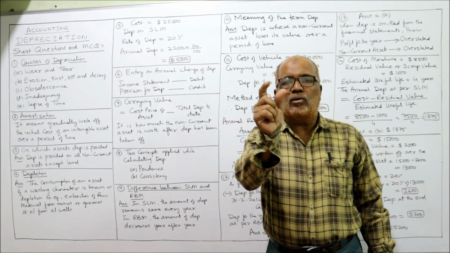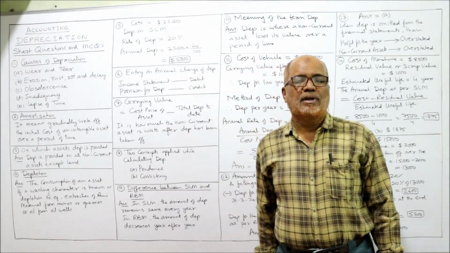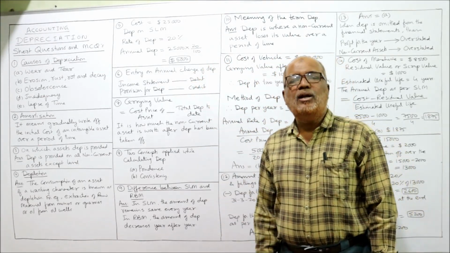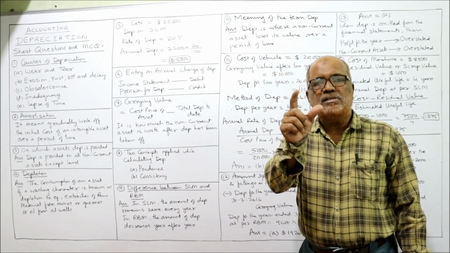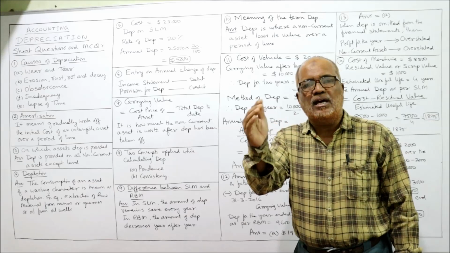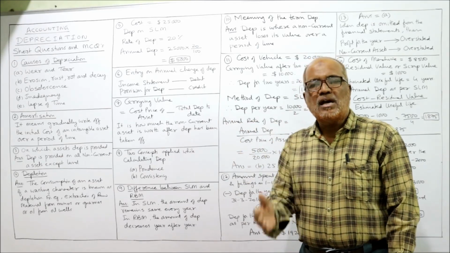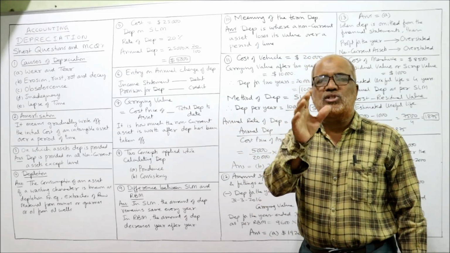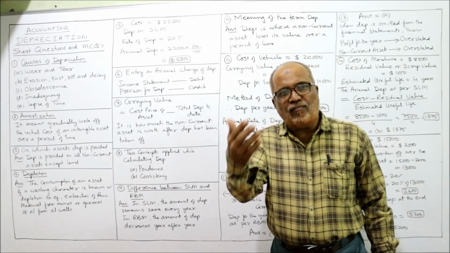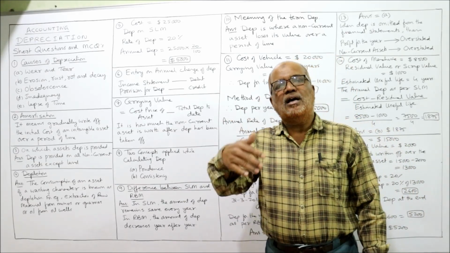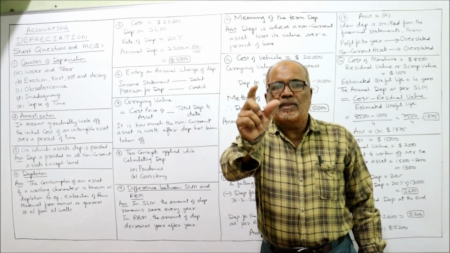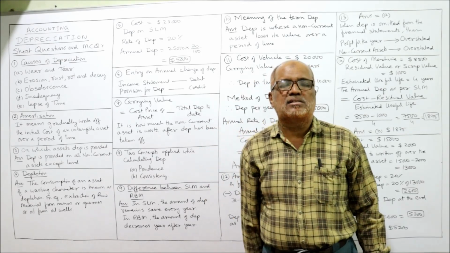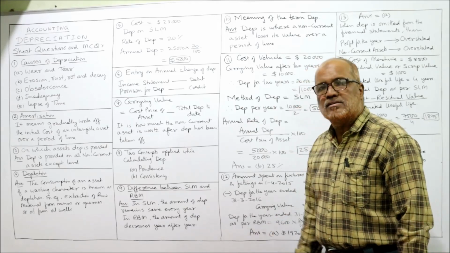In RBM, the amount of depreciation will decrease year after year. Example, first year depreciation was 10,000, second year it will fall to 9,000, third year it will fall to 8,000. So every successive year the amount of depreciation will decrease. That is the main difference.